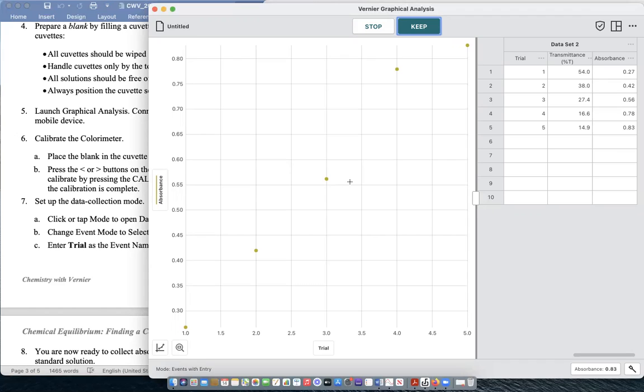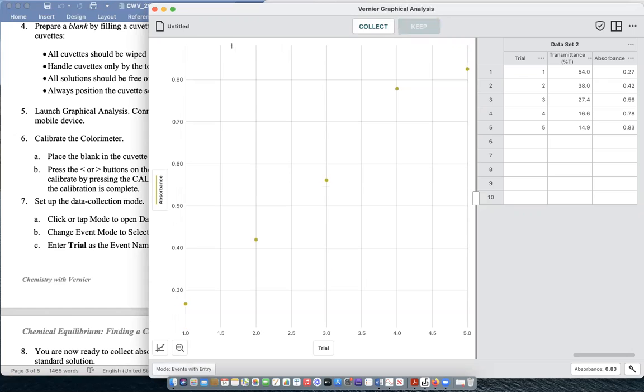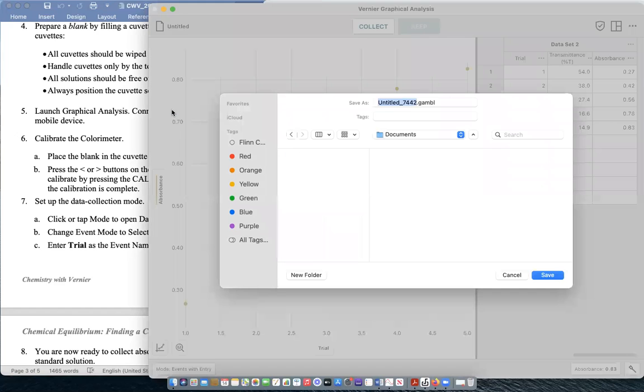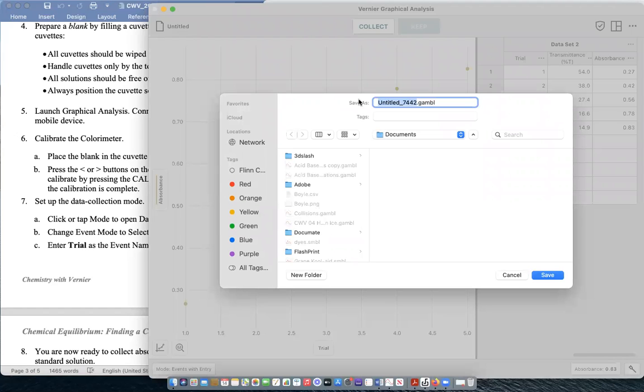We're going to use that to compare to the amount of the others, about how much of the FeSCN was actually bound onto the iron and what the net ratio is between those. So let me stop this data, and I'm going to save this so that we could use this for experimentation later on. So this is the Kc of FeSCN experiment.